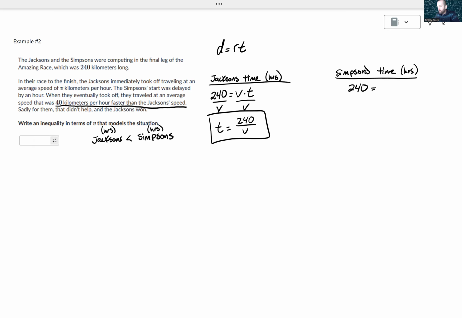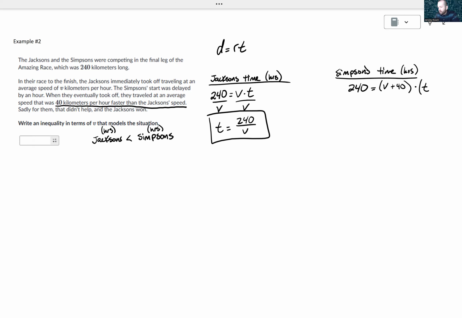Now for the Simpsons' time, it says they traveled at an average speed that was 40 kilometers per hour faster than the Jacksons. So their rate is going to be the Jacksons' rate plus 40. And we're going to put that in parentheses because we're substituting that for what r is. And then times the time, but there's a second part to this.